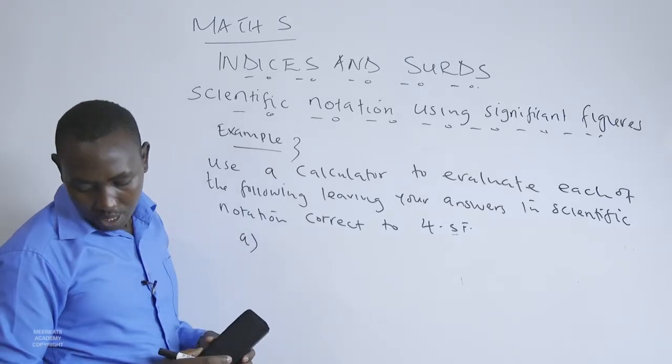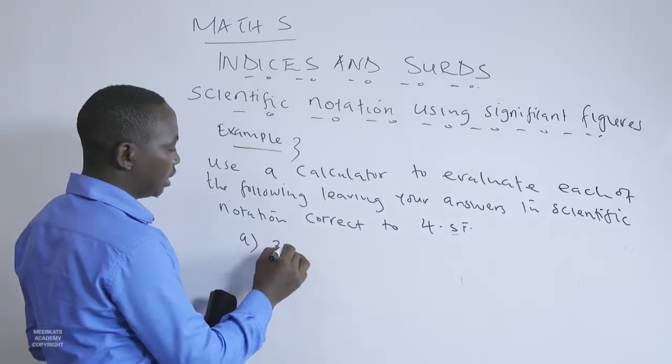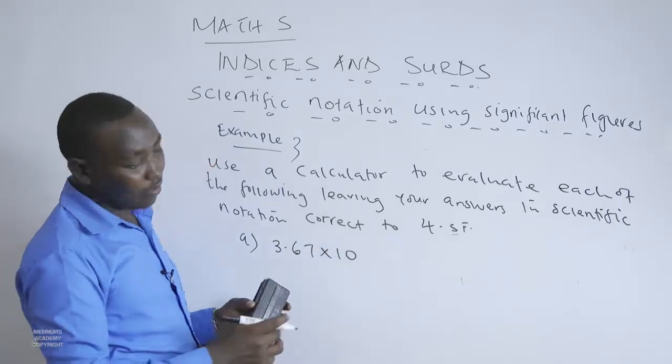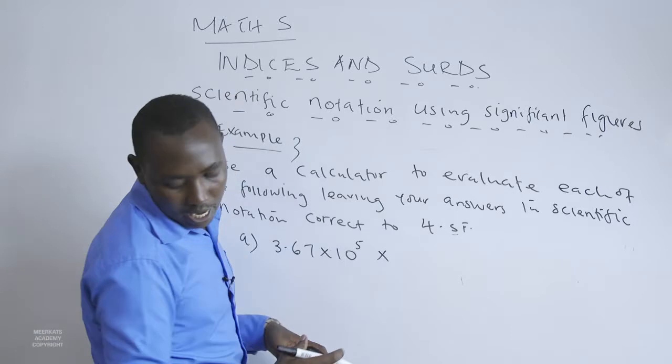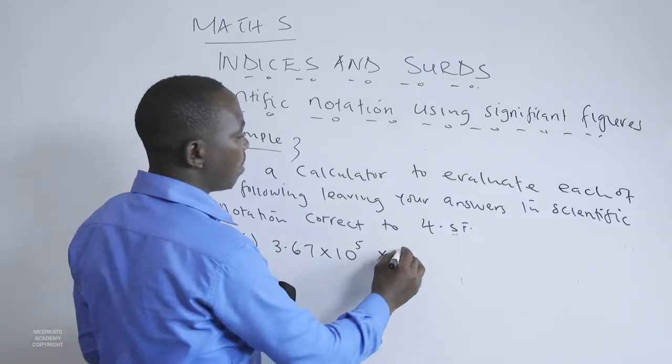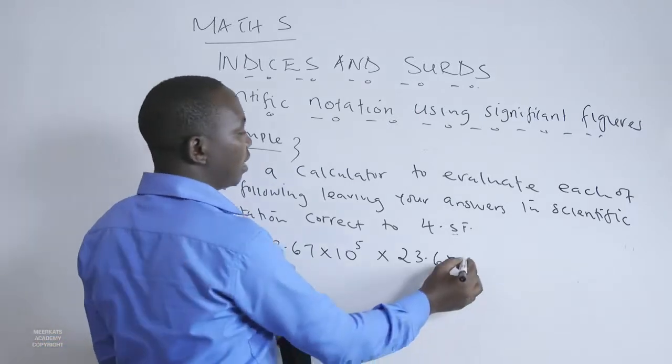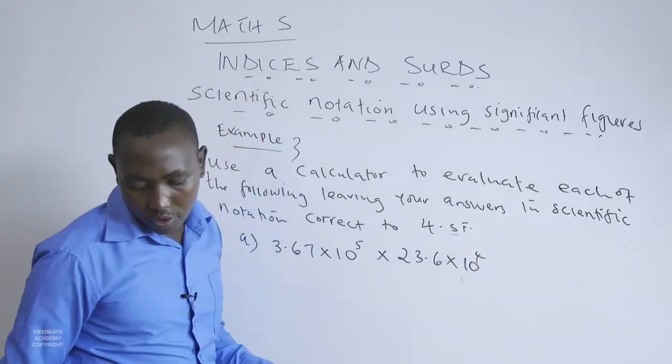Number 1, we have 3.67 multiplied by 10 raised to 5 times 23.6 multiplied by 10 raised to 4.